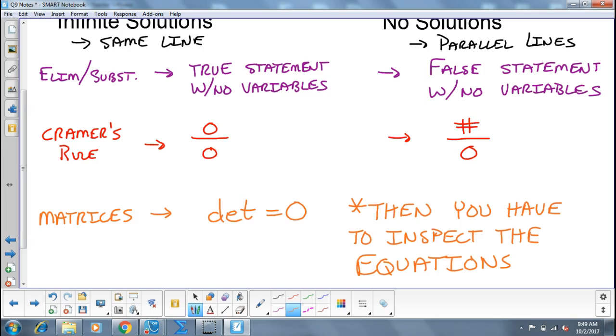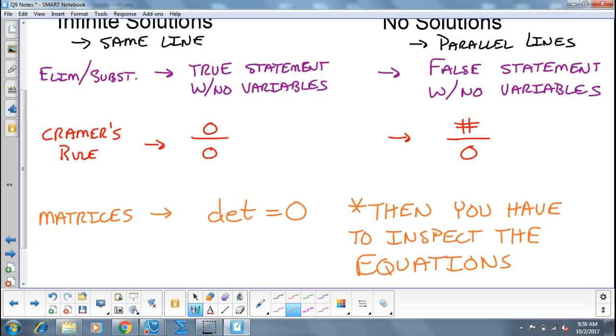Q9 is using the calculator to solve systems of equations, kind of what we just showed. For the 3x3, there's two 3x3s on the front side. For those two, we want you to use the calculator. For the other two on the front side, the 2x2s, solve them like normal and then just check your answer on the calculator.